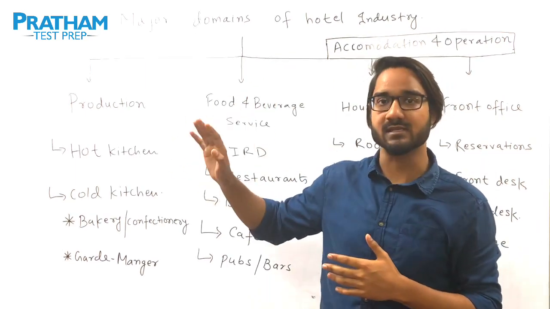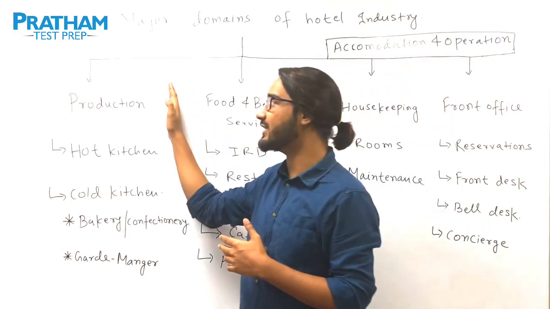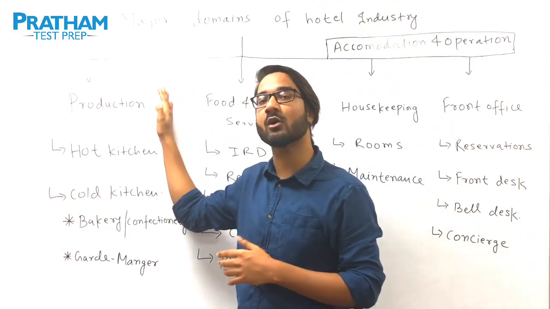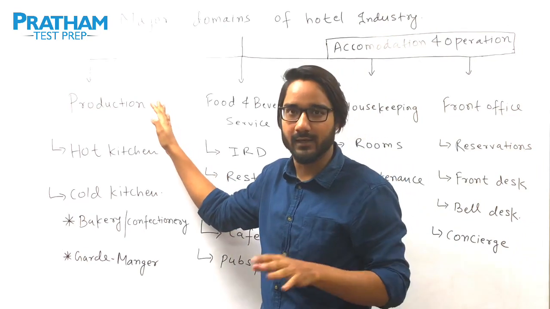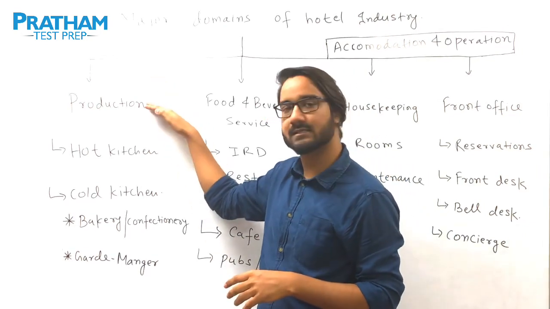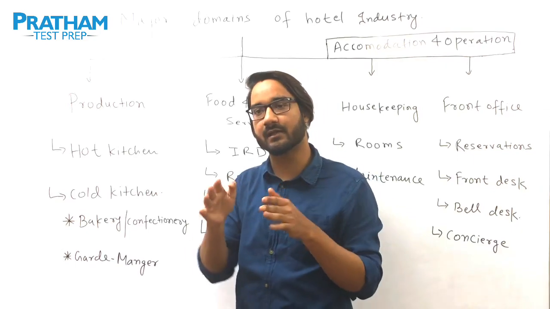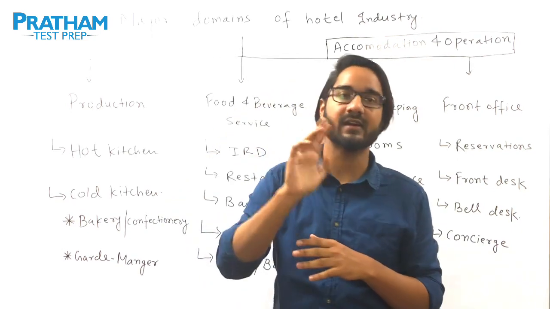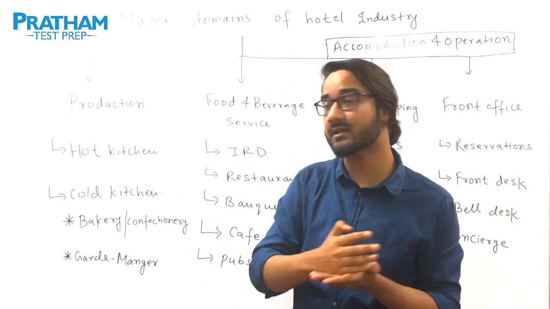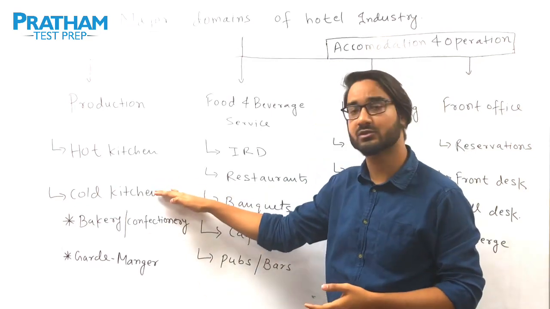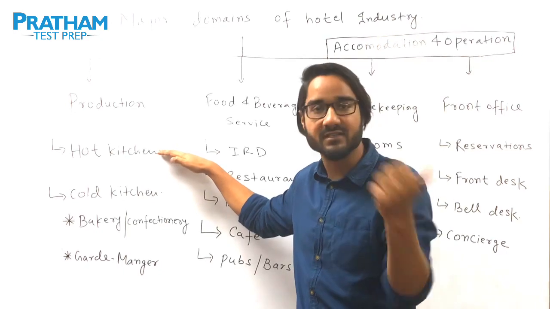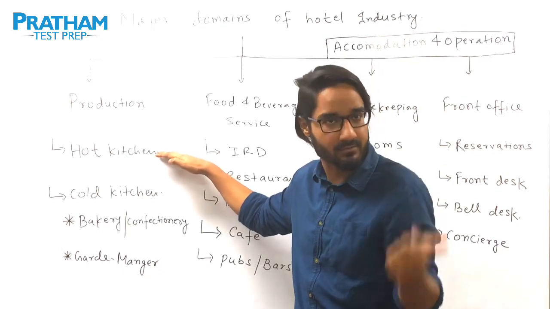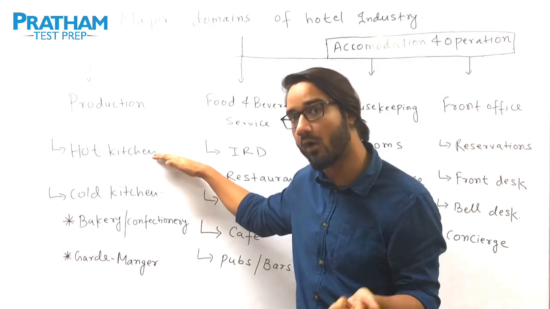Initially we'll start with the major department, that is the production department or the food production department, whichever way you want to call it. Under the kitchen department, there are usually two classifications, that is your hot kitchen and cold kitchen. When I talk about hot kitchen, you'll have your restaurant kitchens, your pastry chefs, banquet kitchens and so on.